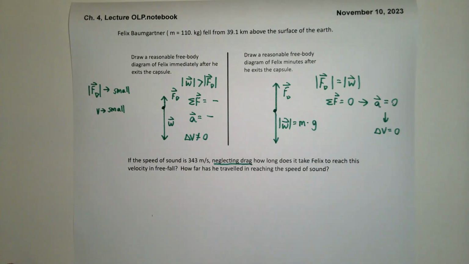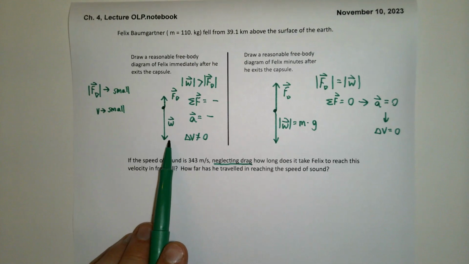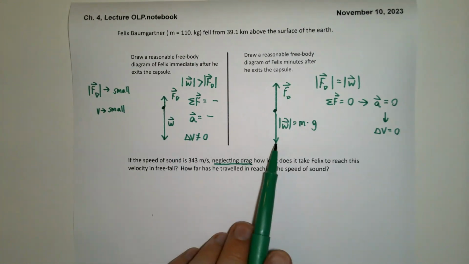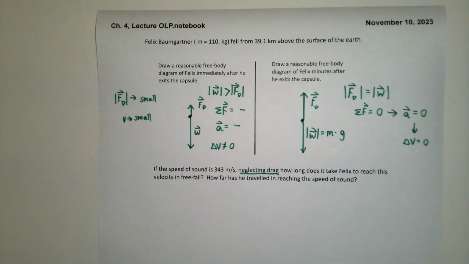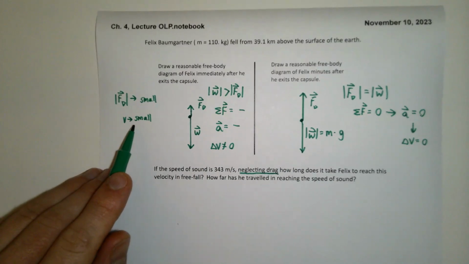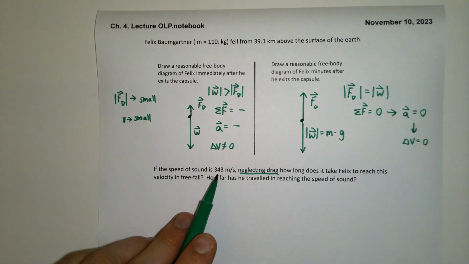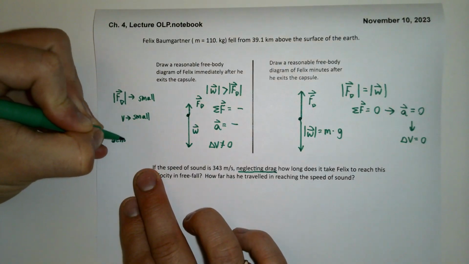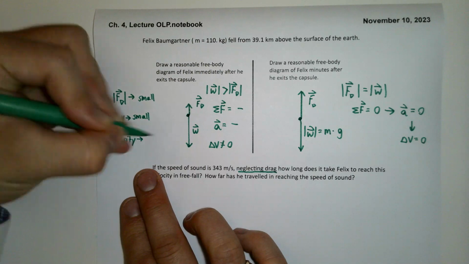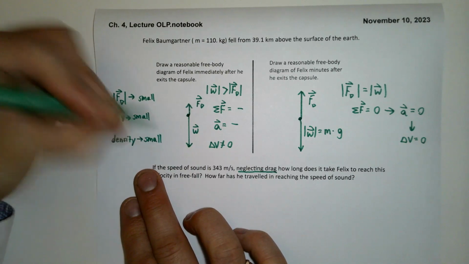It's a reasonable assumption because his movement through space for the first minute or two looks a lot more like this on the left than this free body diagram on the right. Not only is his velocity starting relatively small, but eventually it does become large. This is no small velocity, but the density of the air in the atmosphere that high up is also very small.